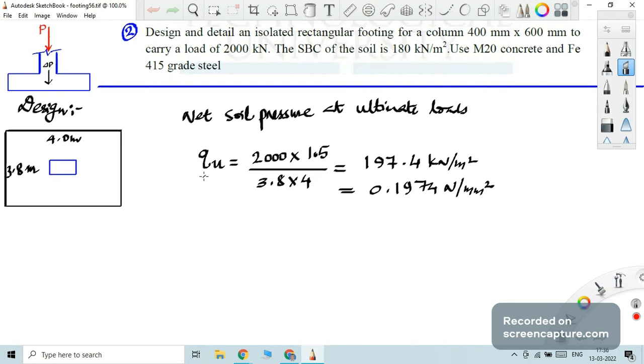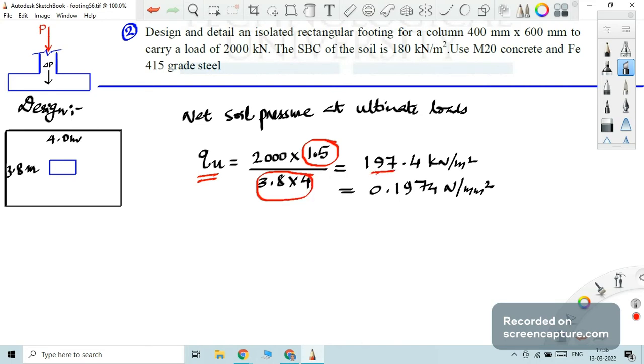So qu, that is the net soil bearing pressure we need on ultimate loads to do the shear design. For that we need to factor it by load factor 1.5, that is the ultimate load, 20,000 into 1.5 divided by the selected footing dimension.